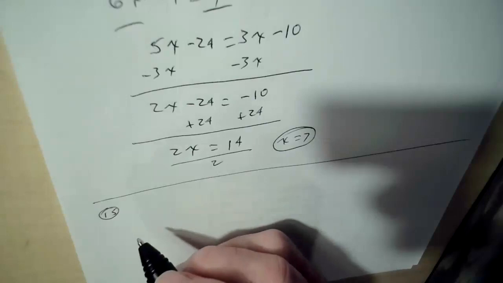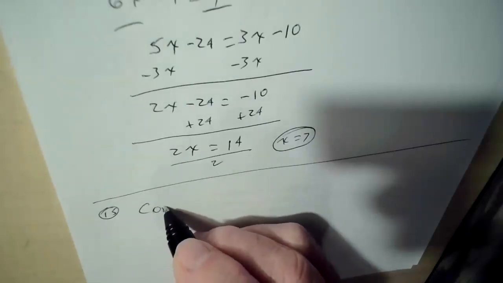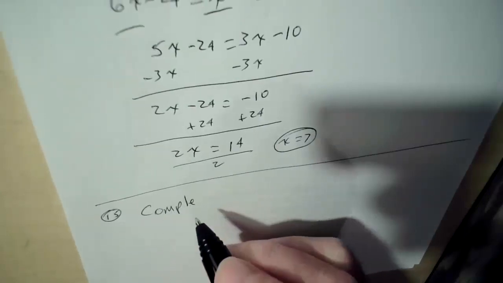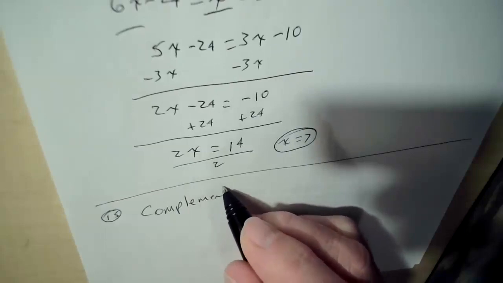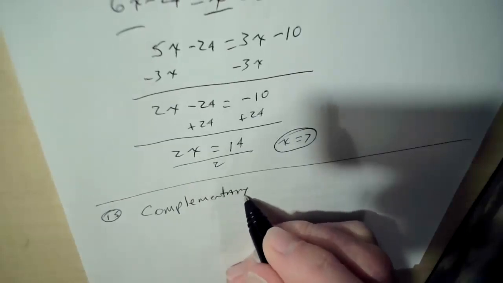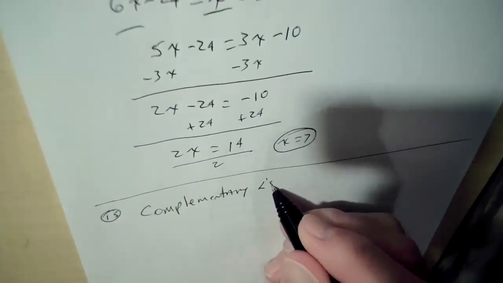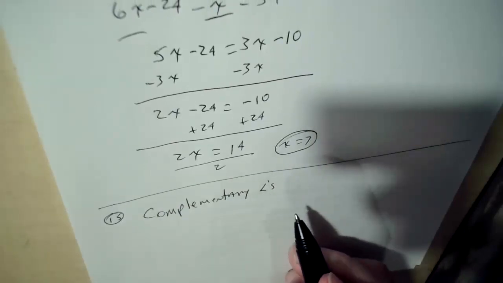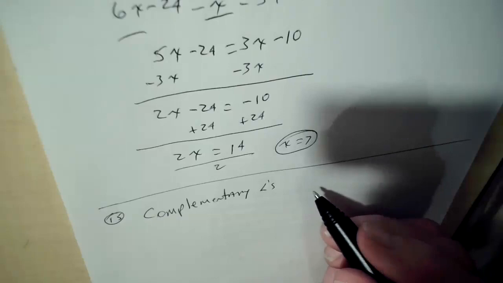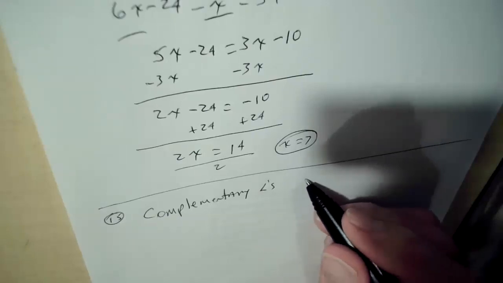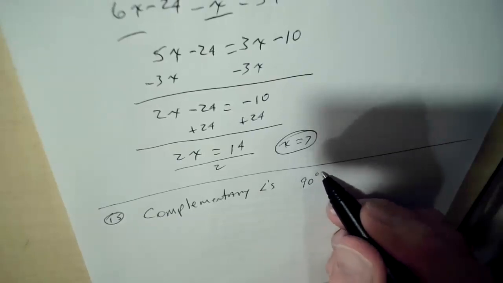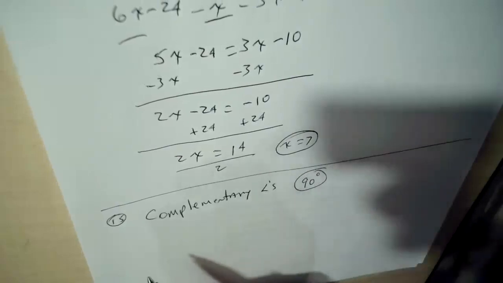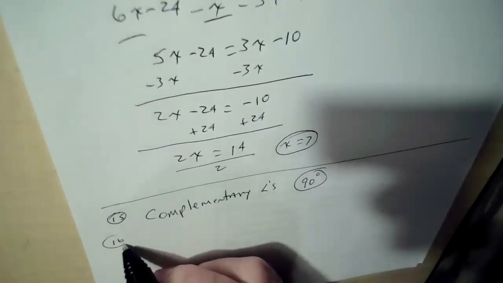Now, the next 4 problems, I'm going to give you the answers. Complementary angles. This little sign here means angles. Complementary angles have how many degrees? 90 degrees.